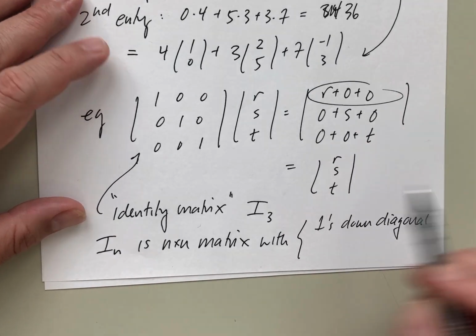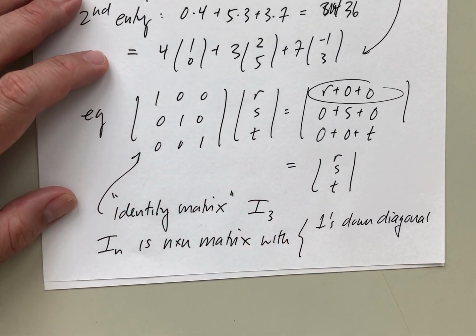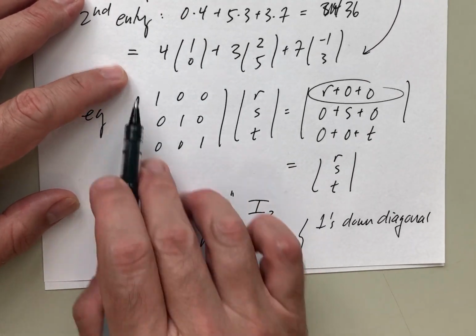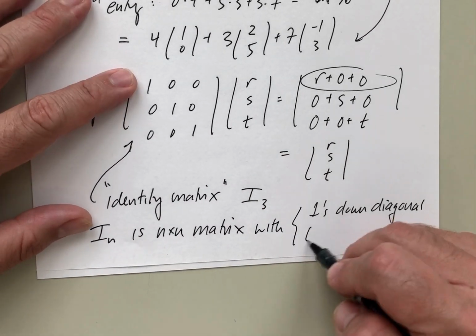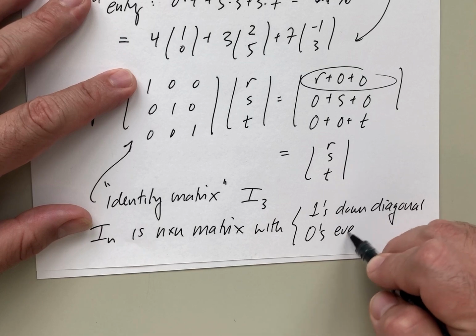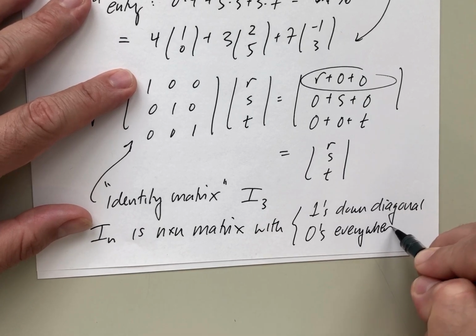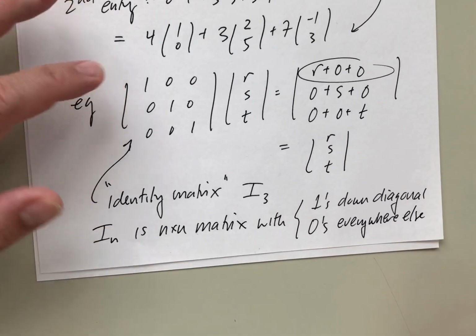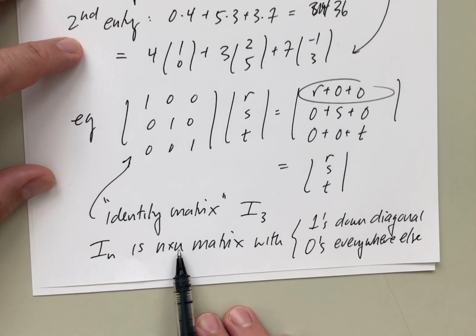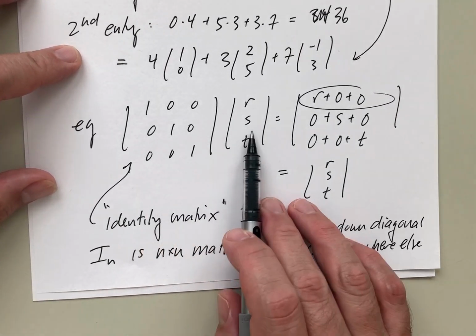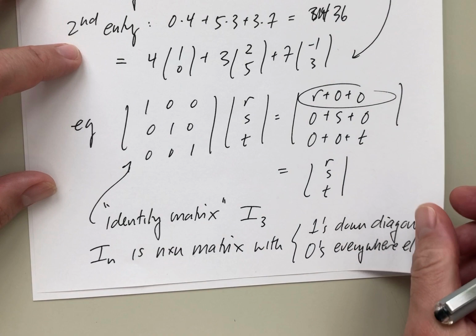So the diagonal, from the upper left to the bottom right, they're all 1s. And then the other property is that it has 0s everywhere else. Okay? And this matrix always has this nice property that it eats a vector, multiplies by a vector, and spits out the same thing that you entered.